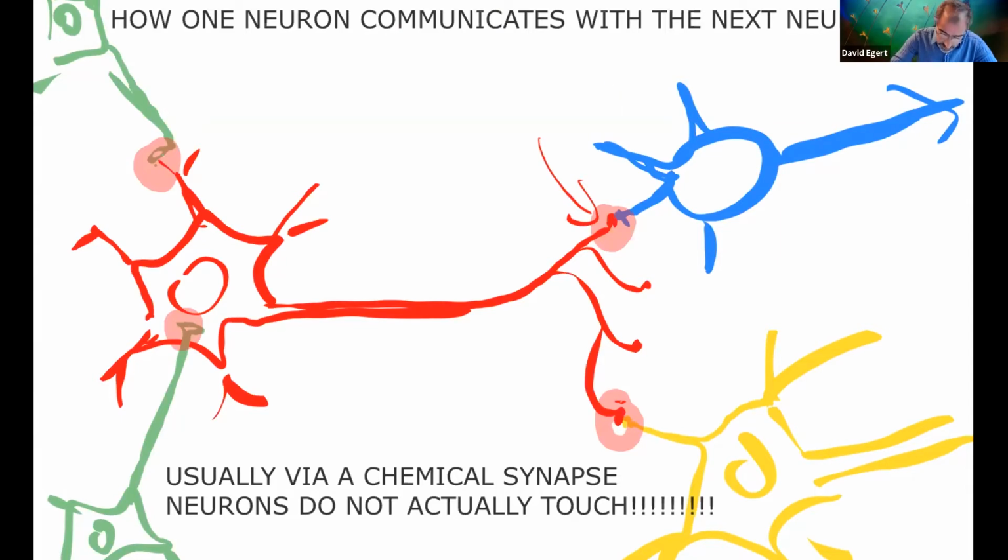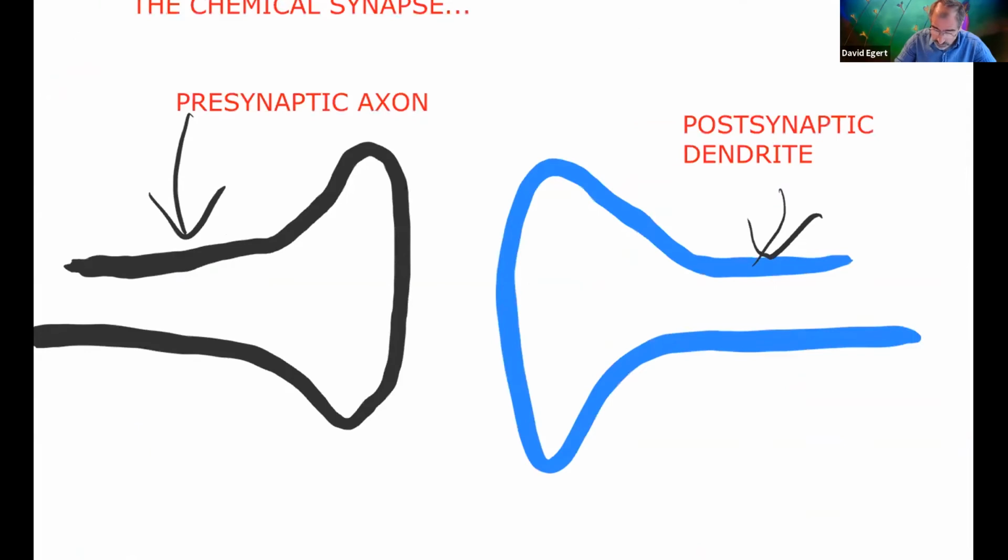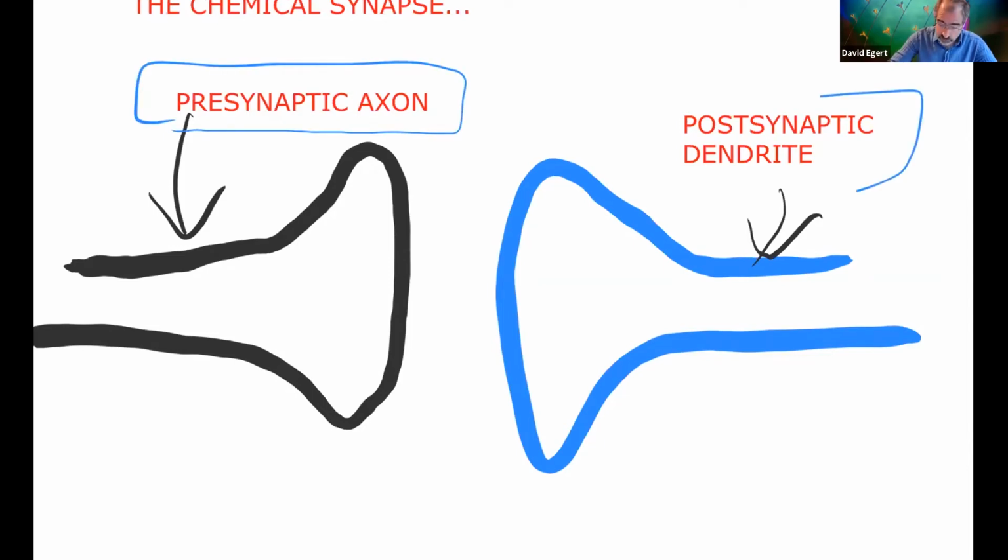And then my postsynaptic dendrite, this is the neuron that is getting the message. I am magnifying this greatly in this next page. So we're seeing this neuron that is heading into the synapse, and then the neuron that is being talked to, that's on the other side.